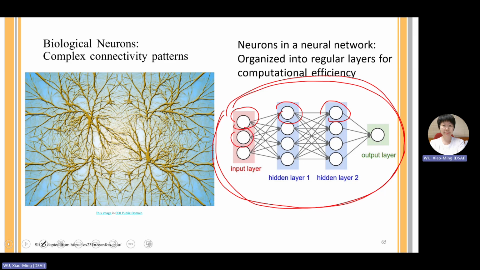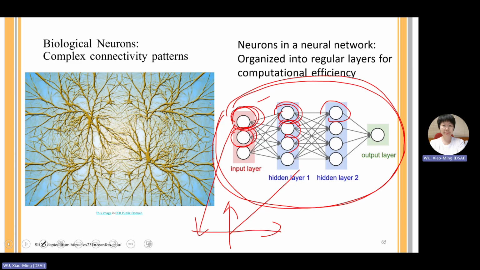Each neuron is just a linear classifier, activated by a very simple ReLU function. But when you organize these neurons and put them together, they can achieve different functions.